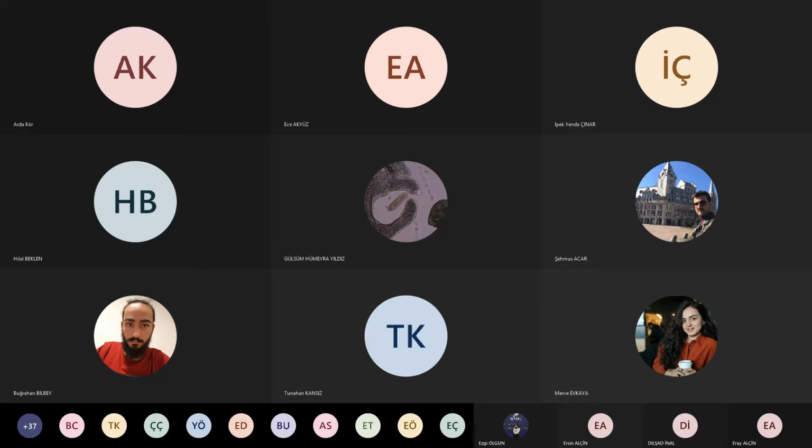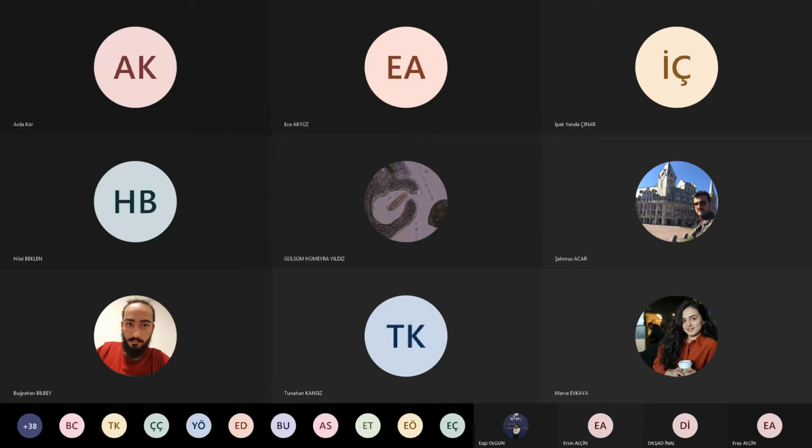Beni uyarın yine bir şey olursa. Sanırım artık bilgisayarlar da error vermeye başladı. Kayıt devam ediyor galiba. Evet, kaydediyor. Ben kaldığım yerden devam edeyim. Dediğim gibi yine seste problem olursa beni uyarın.